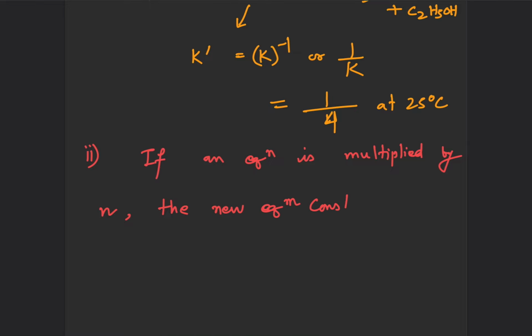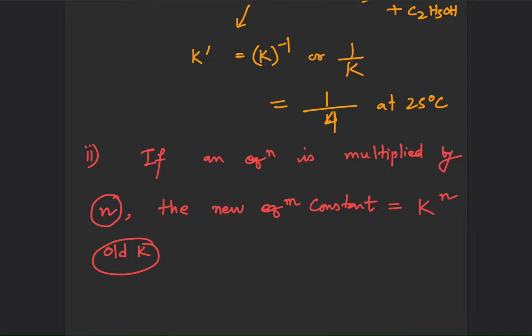Let us say the old one was K, so the new equilibrium constant will become K to the power n because we have multiplied by n. So the equilibrium constant will be raised to the power of the number that you are multiplying the equation with.